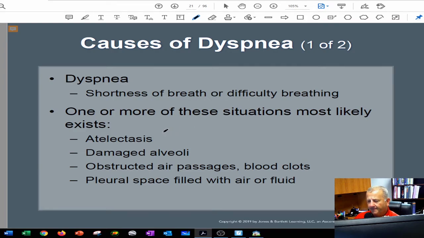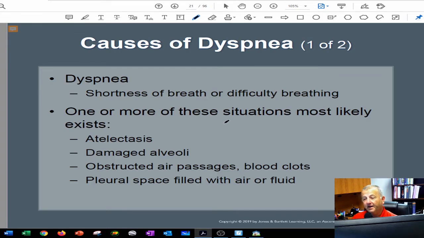So, if the lung doesn't expand all the way, then the alveoli won't expand all the way. So it becomes a problem. Damage to alveoli from earlier, chemicals, smoking, anything like that. Obstructive air passages. Do we have a patient who has asthma, pneumonia, and those bronchioles are becoming filled with pus and infection?